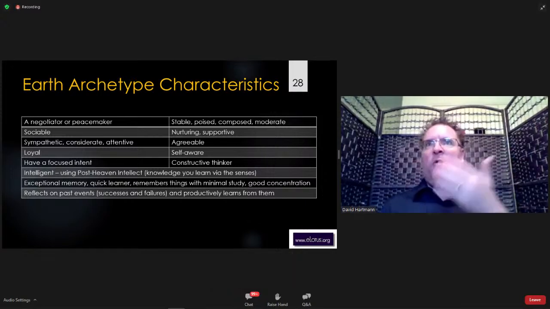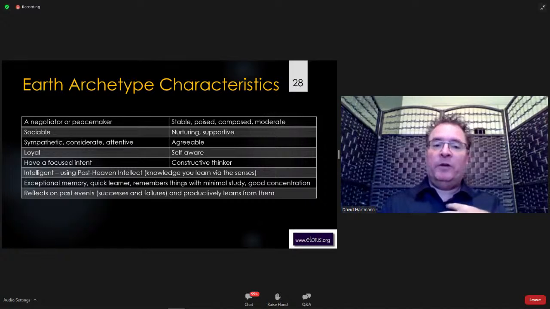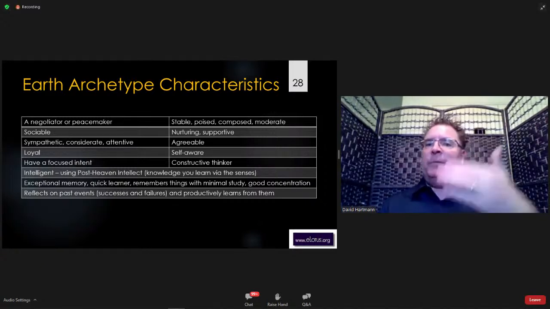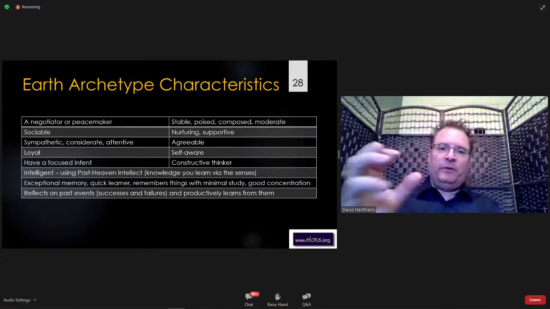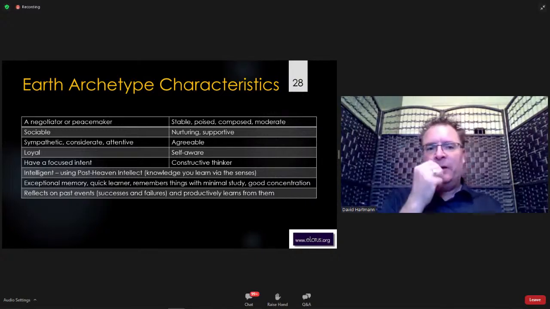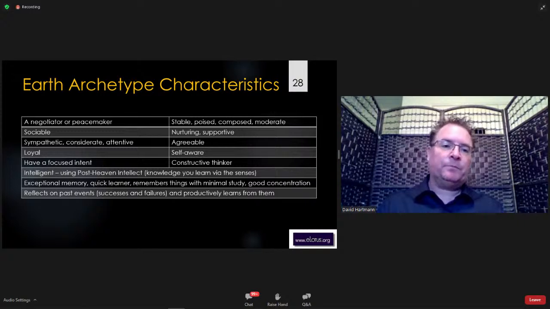Whereas if you're more a fire or an earth archetype person that they're talking to, you can get up in their personal space a little bit more, depends on what's going on in their world at that point in time. But they know the distance and they're very attentive. They don't look distracted. It's an amazing skill to have.